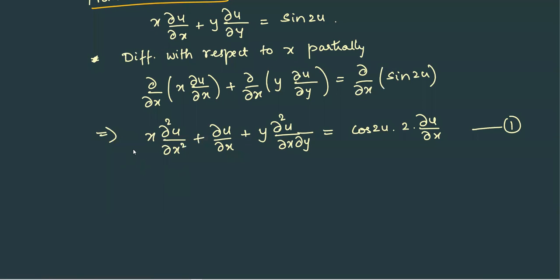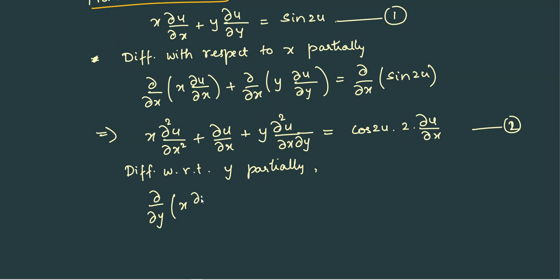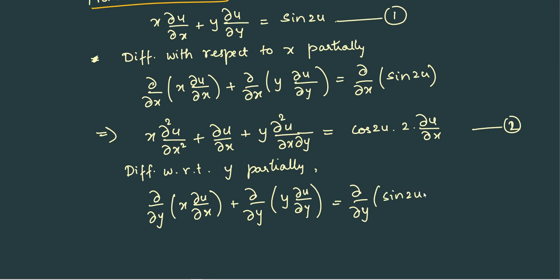Now similarly, differentiating with respect to y partially. Let this be 1, let this be 2. Differentiate the first equation with respect to y partially. So ∂/∂y of x ∂u/∂x plus ∂/∂y of y ∂u/∂y equals ∂/∂y of sin 2u.